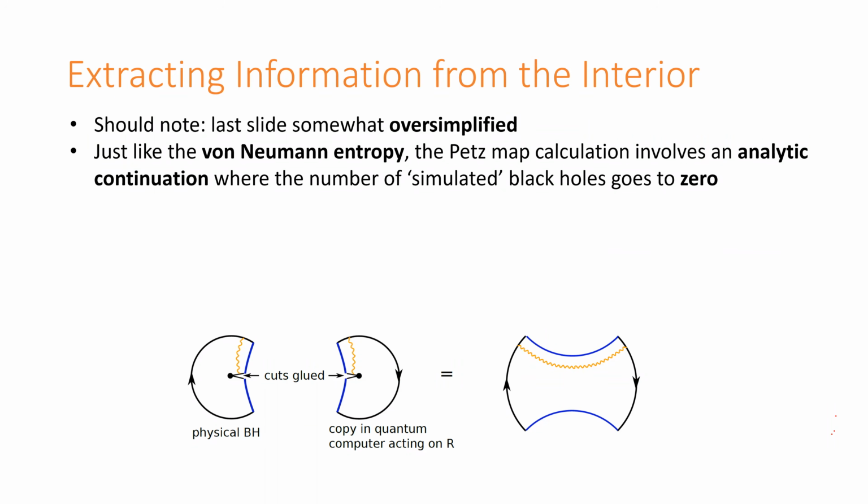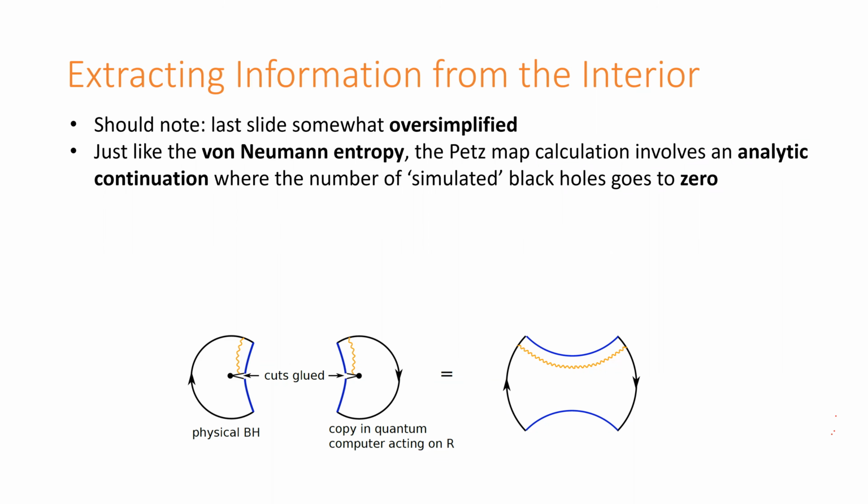And effectively in the analytic continuation, the total number of simulated black holes ends up going to 0. So you end up with just one real black hole, plus 0 simulated black holes. But because of the way you do the analytic continuation, you still get this answer that includes contributions from spacetime wormholes.